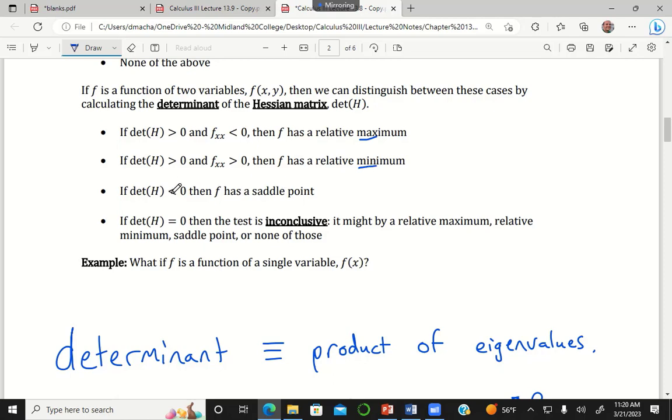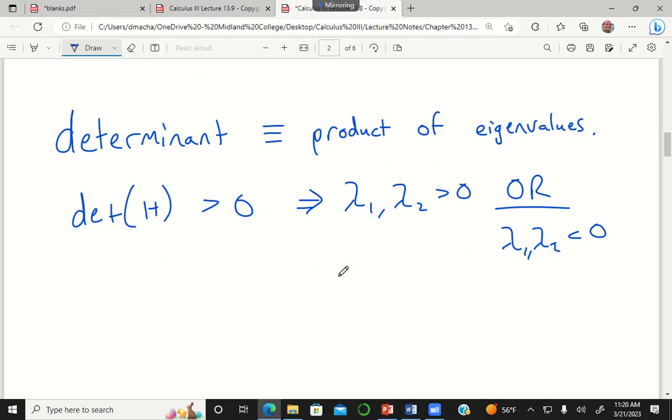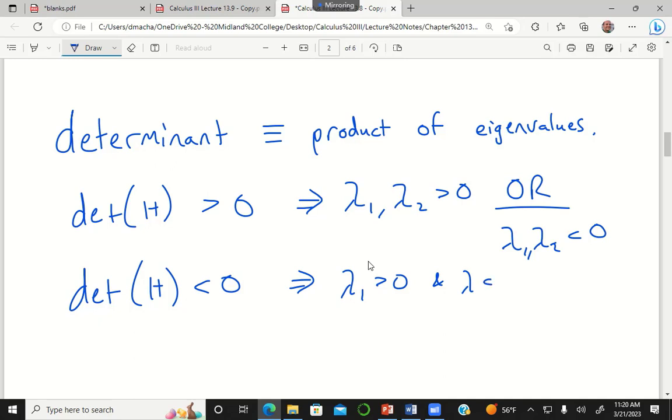If the determinant is negative for a 2-variable function, that would imply that lambda 1 is positive and lambda 2 is negative, or it could imply that lambda 1 is negative and lambda 2 is positive.